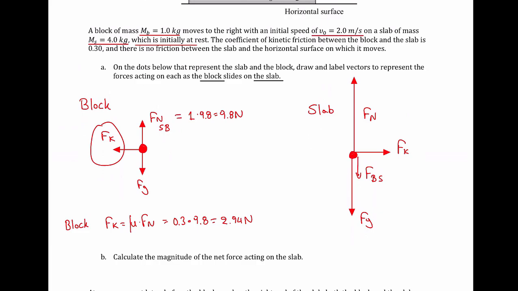Now, we should say that the F net on the slab is equal to the kinetic friction, and this kinetic friction is equal to the kinetic friction force from the slab to the block, so it is 2.94 Newton.